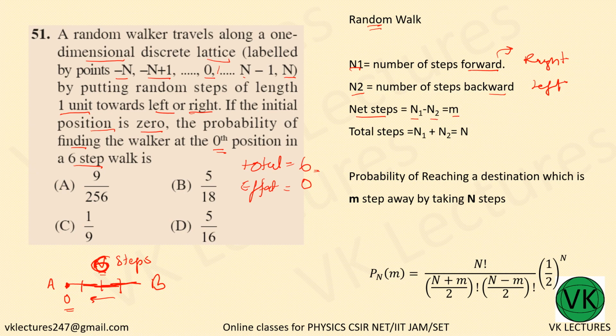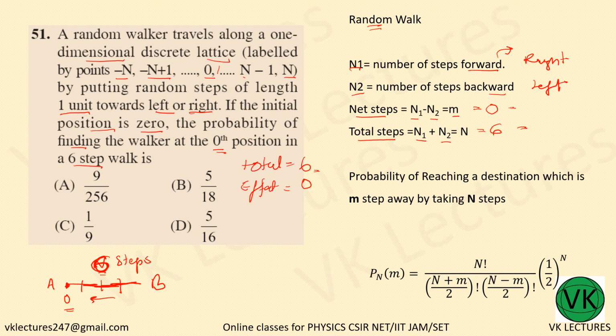So net steps equals 0 with respect to this question. Now the total number of steps is n1 plus n2, which is equal to capital N, which is nothing but 6. That means after taking 6 steps, the net steps taken is 0.